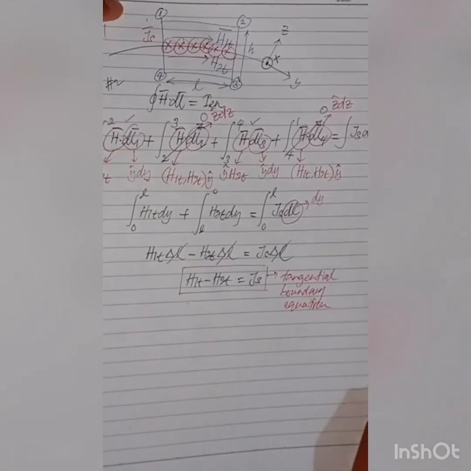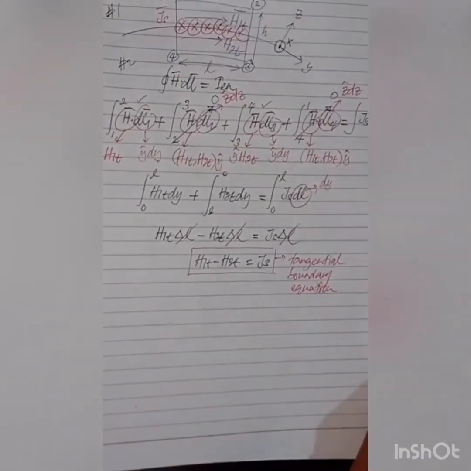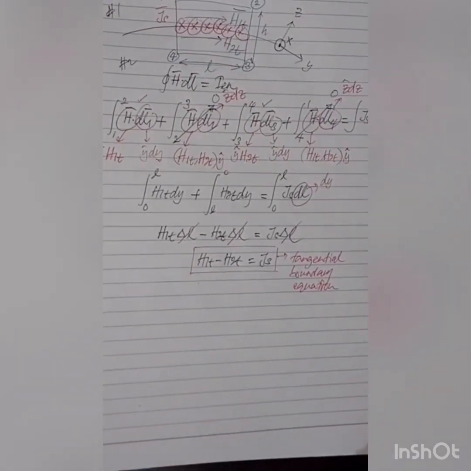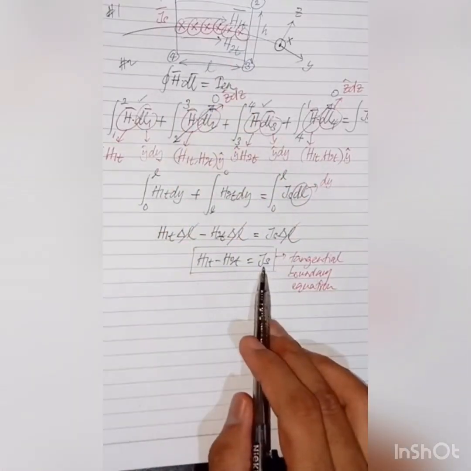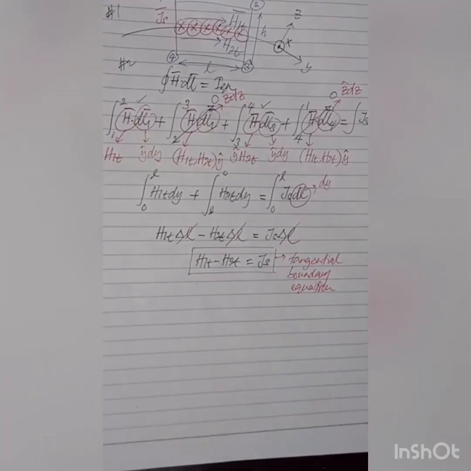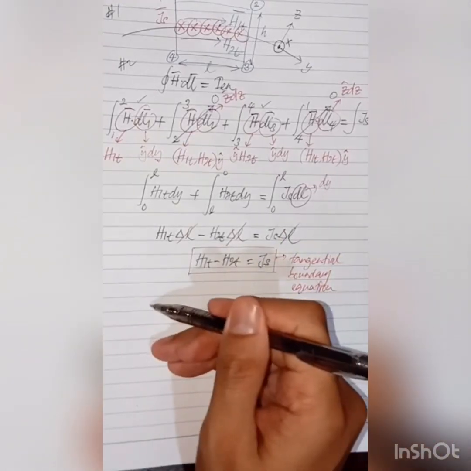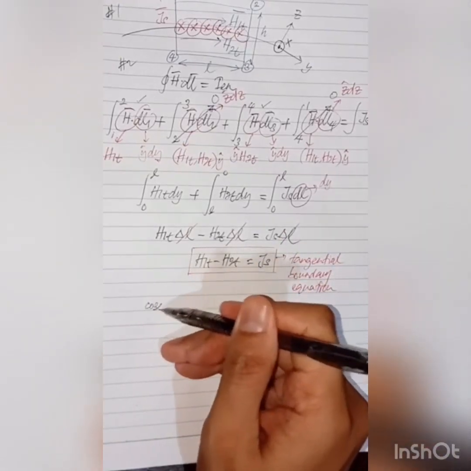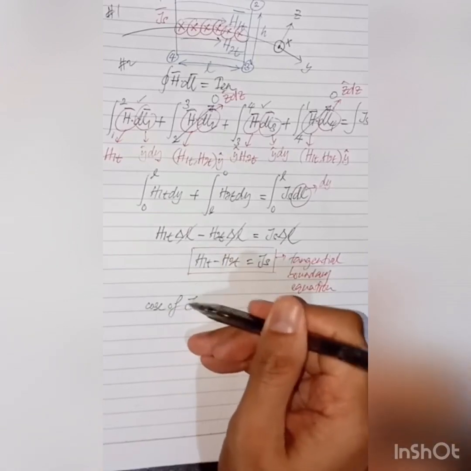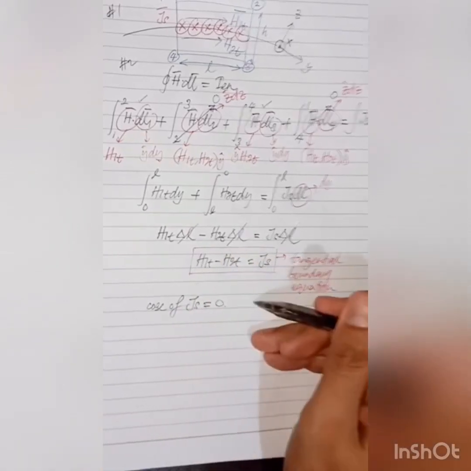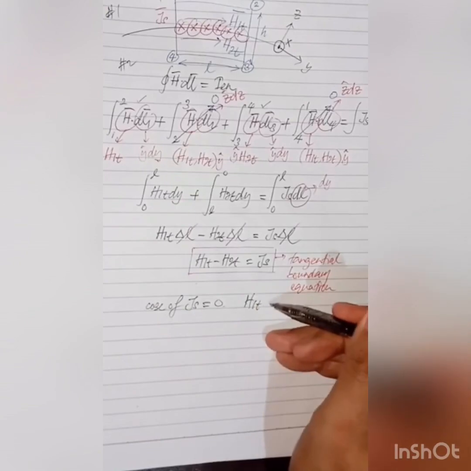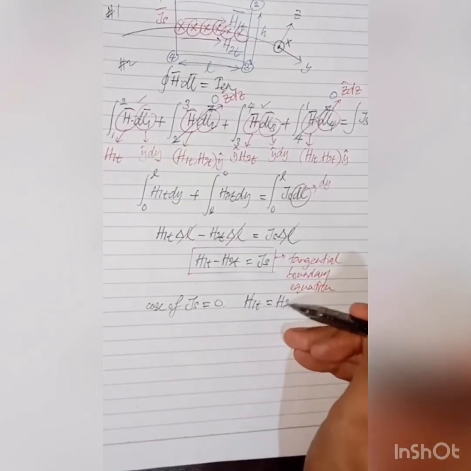Alright, okay guys, in the case where no surface current exists on the boundary, you can simply replace this Js equal to 0, which will result in this final equation. In the case of Js equal to 0, this is our final expression: H1t will equal to H2t.